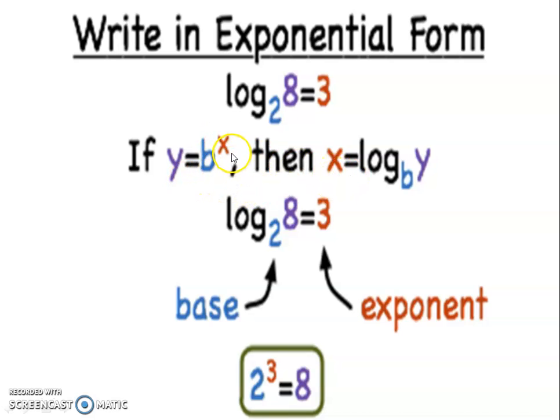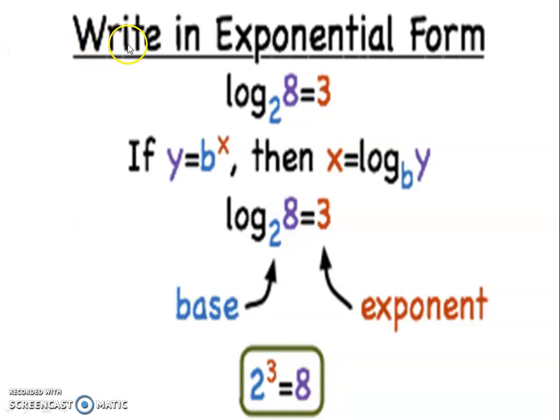Then index is x, answer is y, and base is b. So we use this format and convert log 8 to the base 2 equal to 3. Base is 2, answer is 8, and 3 is the number. We already know that 2 cubed is equal to 8. So we confirm the answer.